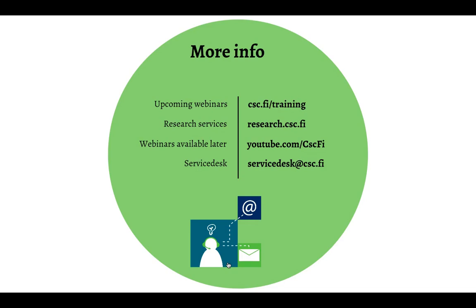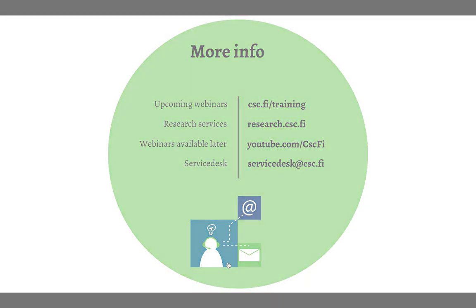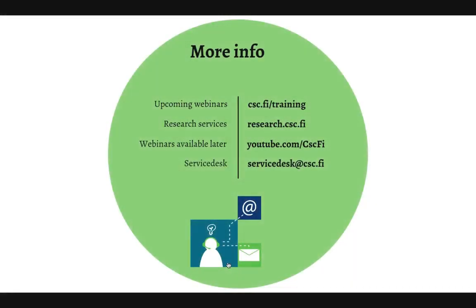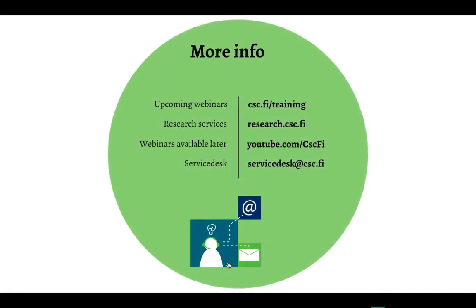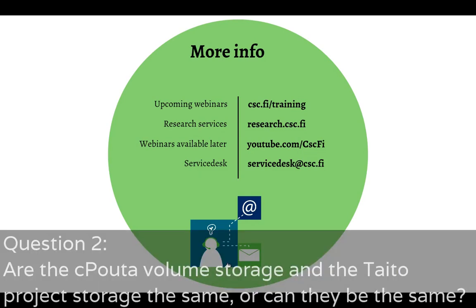Thank you. So if there are any questions? The question is, can the cPouta volume storage and the Taito project storage be the same? No, cPouta and Taito are different systems, so they are not directly visible to each other.